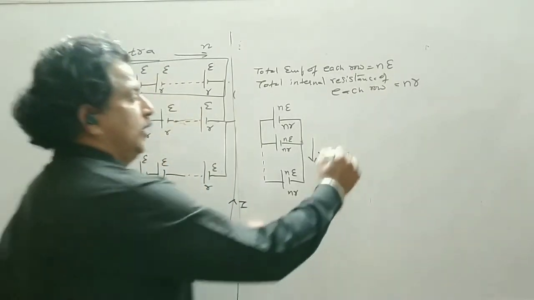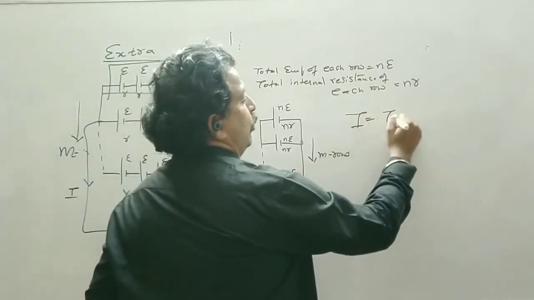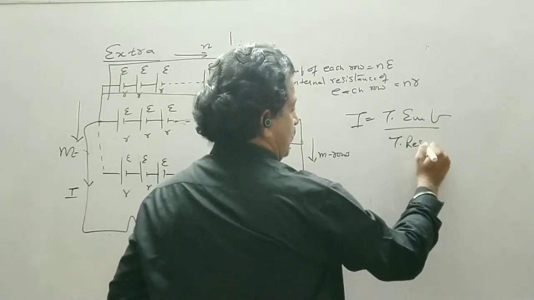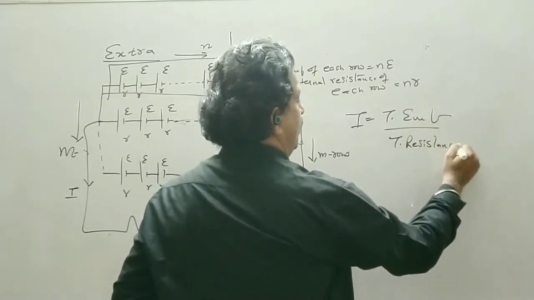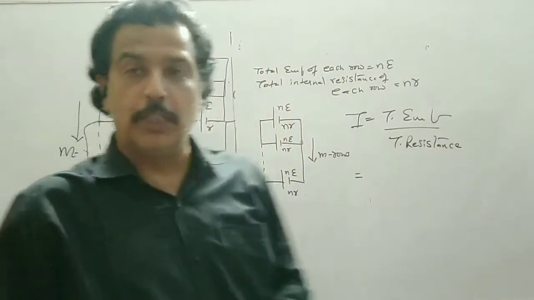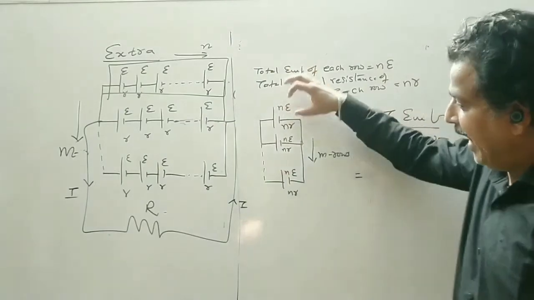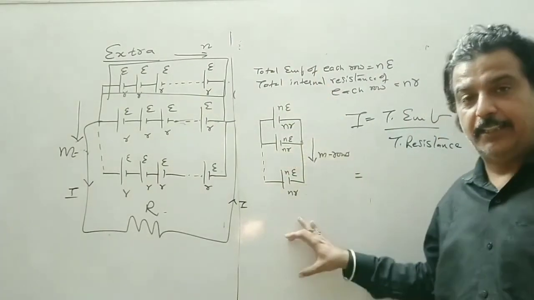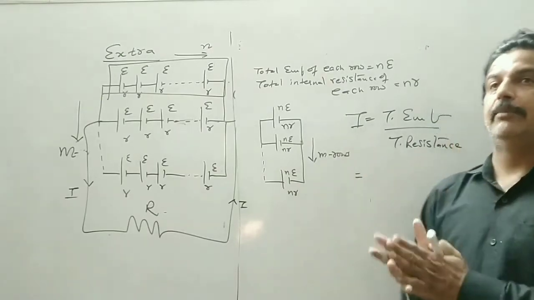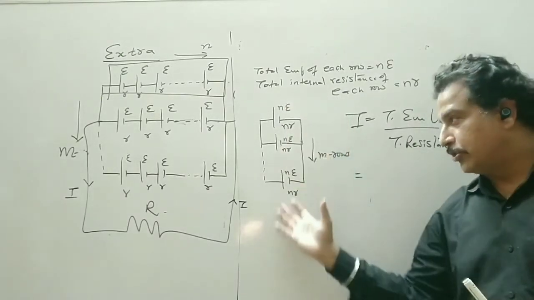Now I know that current in the circuit is equal to total EMF divided by total resistance. Now what is the total EMF of the circuit? nE. Now if you remember, in the parallel combination, the EMF remains the same.